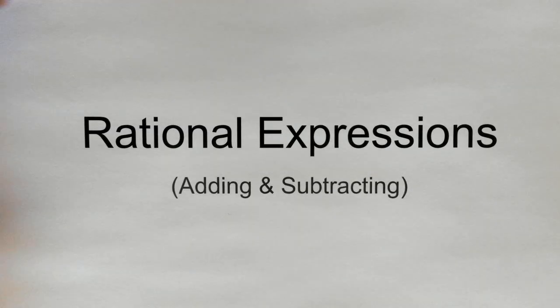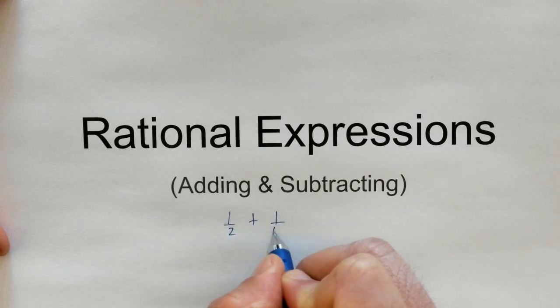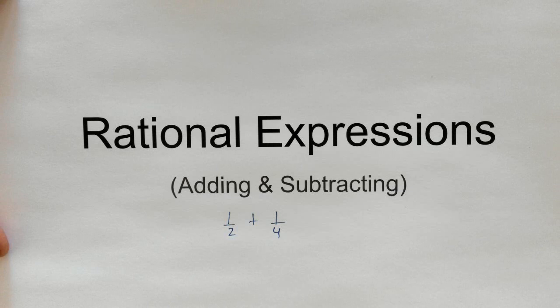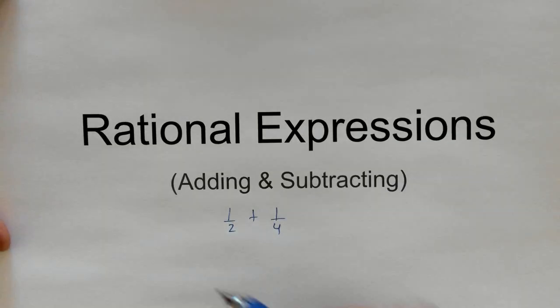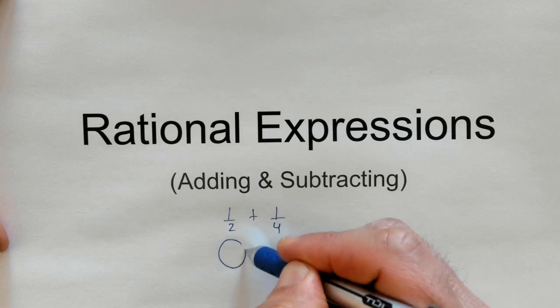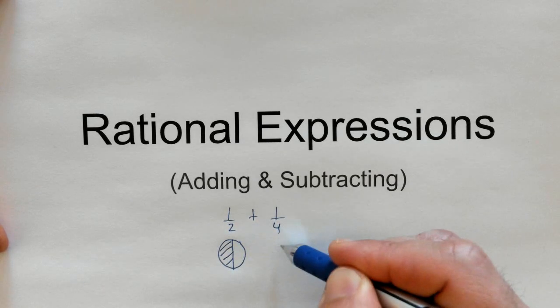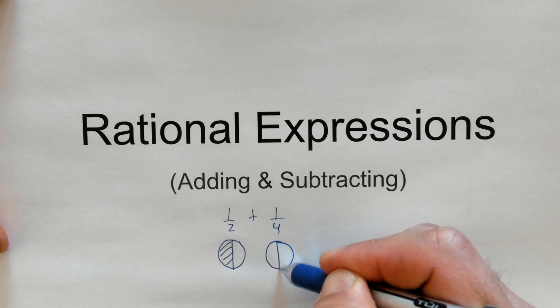So let's say that we have 1/2 plus 1/4, right? In order for us to combine two fractions, we have to have a common denominator. If you think back to when you started learning this, we had 1/2, and we had this as 1/4.